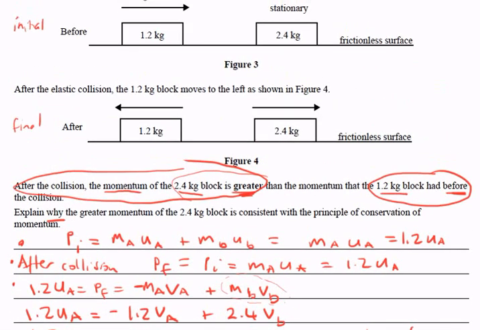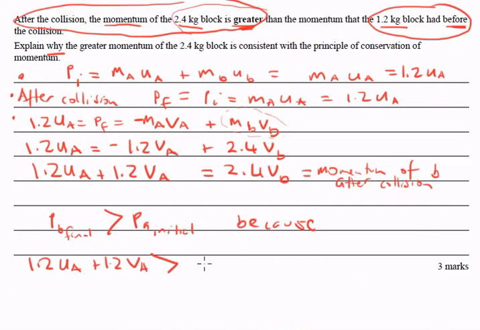The initial momentum of A is this, 1.2 times its initial speed, which is 1.2 uA.